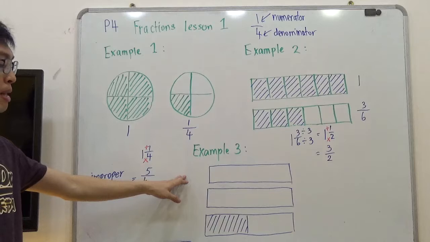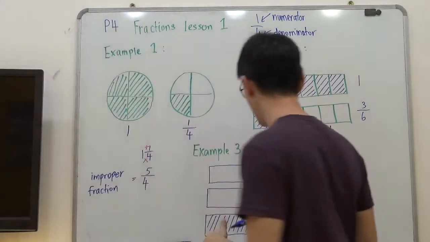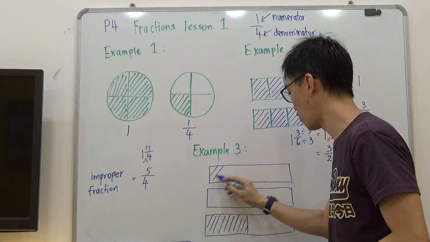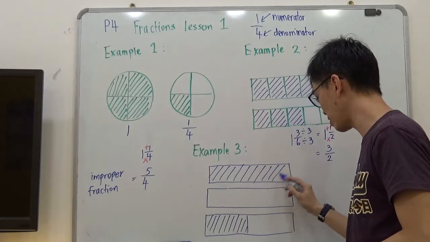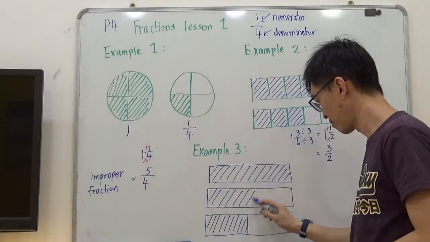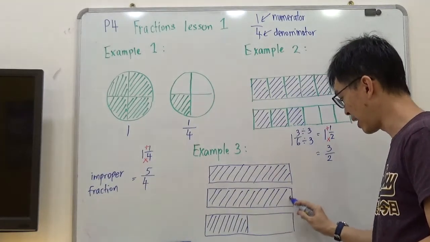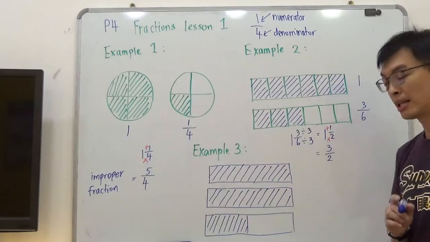Take a look at example number 3. This time around, we have 3 equal blocks. I forgot to shade this. Let me just shade this quickly for you. Assuming that teacher shades this and this, and I shade another half of this. Now, how do we do this?